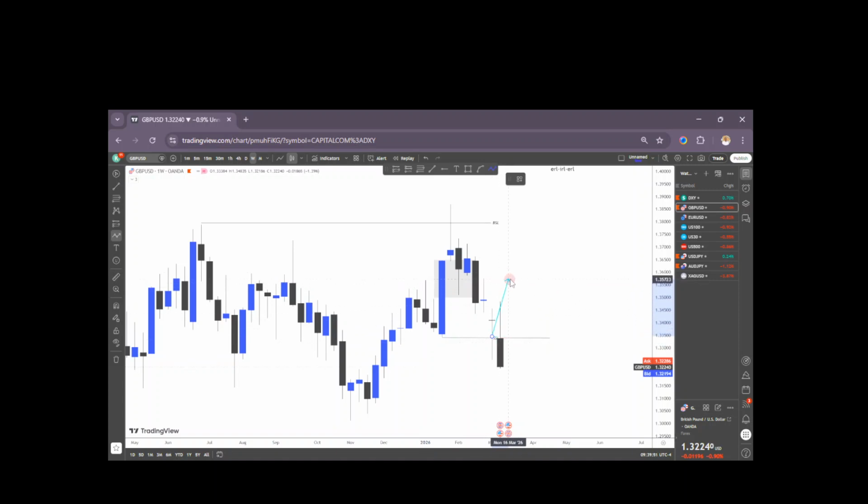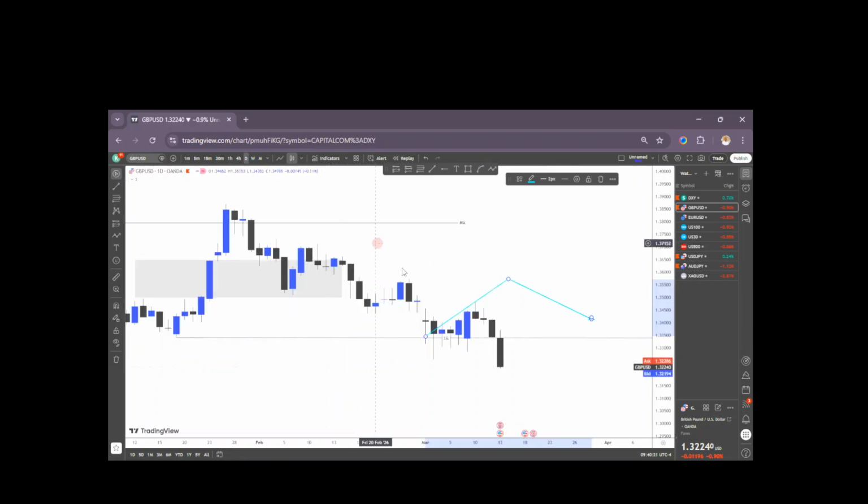So we would expect price to go back, but that was confusing because, as I've said, at the beginning of the week I was expecting to see Euro USD going up, and now going down to the daily time frame. That is from a weekly perspective.